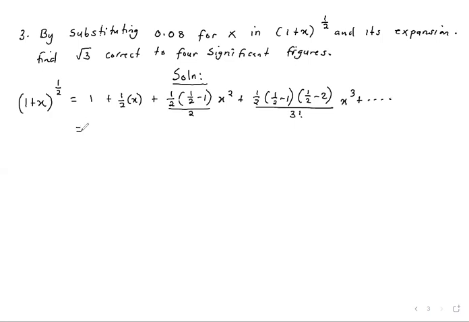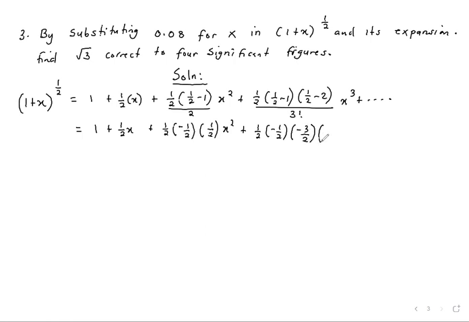But this is the same as 1 plus half x plus half, half minus 1 is negative half, over 2 is the same as saying multiplied by half, x squared, plus half, half minus 1 is negative half, half minus 2 is negative 3 over 2.